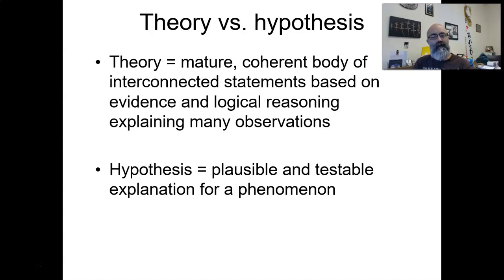And if you take a hypothesis and you do the experiment, it is supported, it's not rejected, and then you approach that hypothesis from a slightly different angle, and we test some other aspect of it, and it is supported, and it's not rejected.